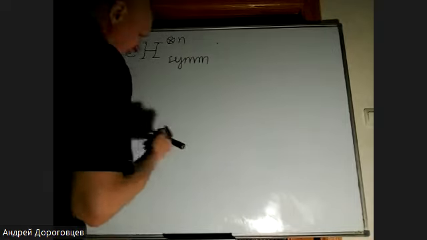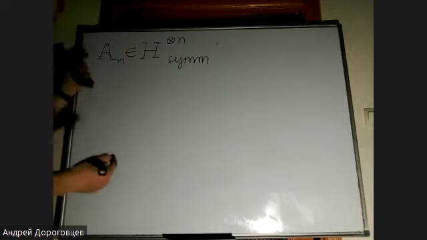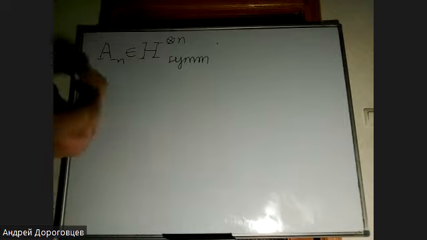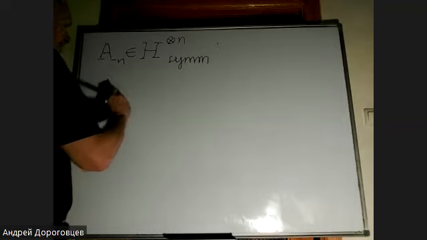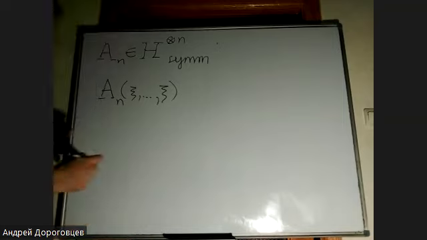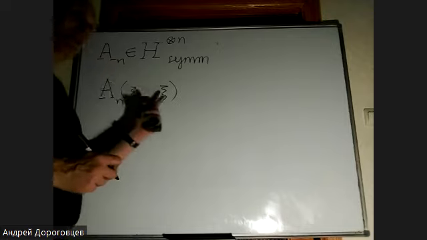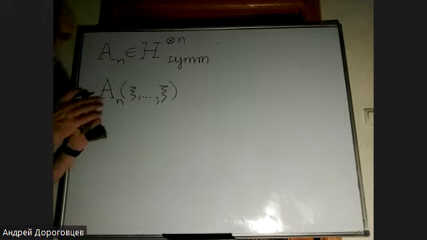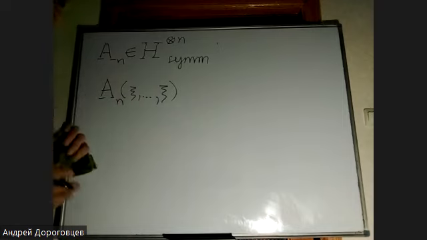We say that A_n is a symmetric linear Hilbert-Schmidt form defined on H, and then we defined A_n of psi, which was the special construction of substituting our generalized random element into A_n.